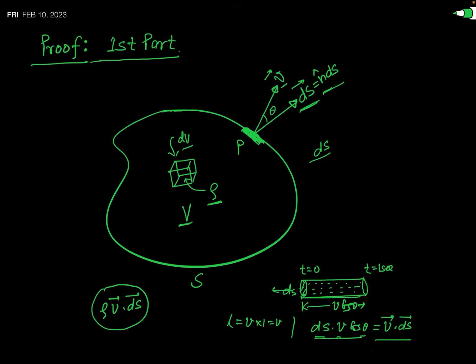Okay, so now you can directly say that the number of phase points moving out through this elementary surface ds in 1 second will be equal to rho v dot ds. Okay, I think you have understood this fact.